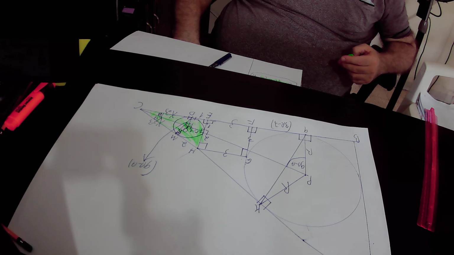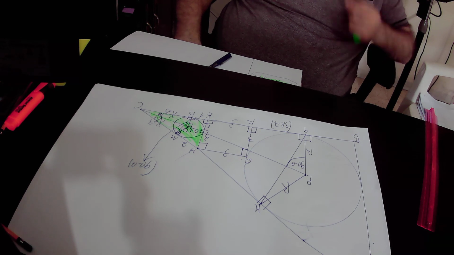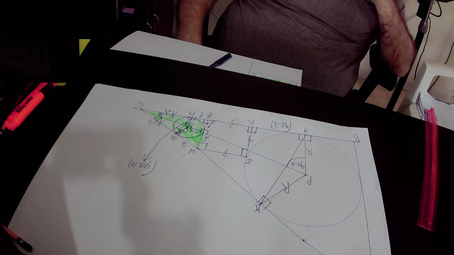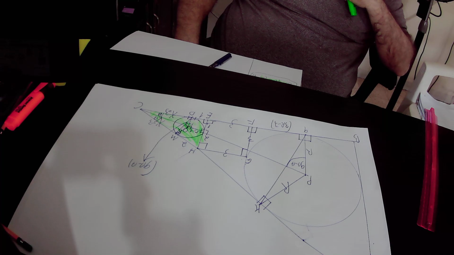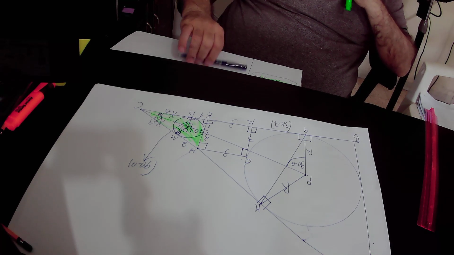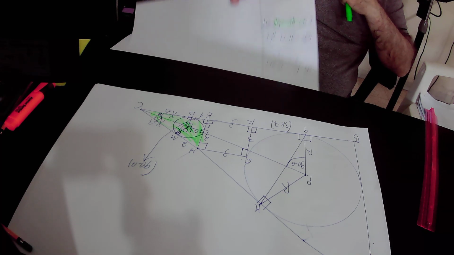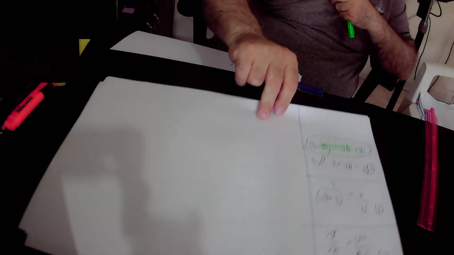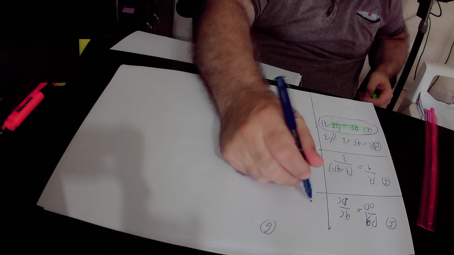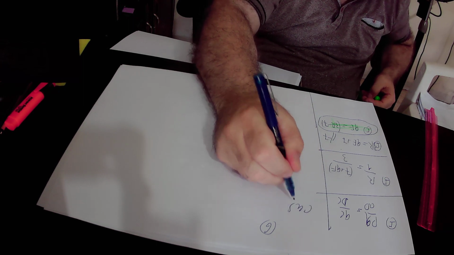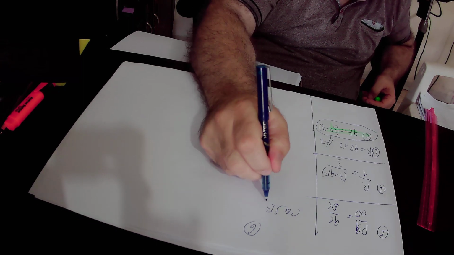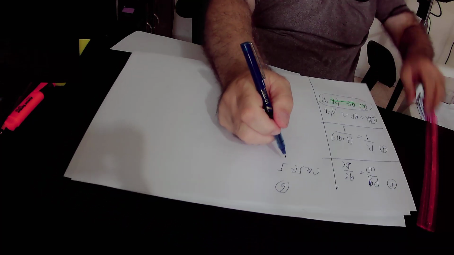So we'll examine each case in order to find out the length of the radius of the big circle. So case 1.